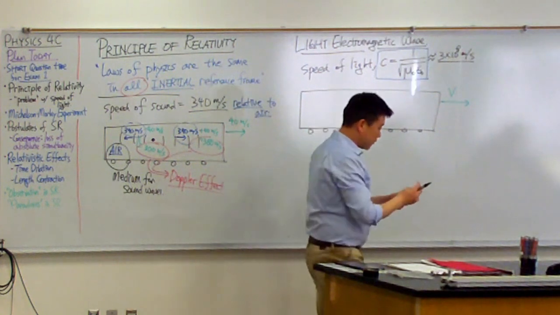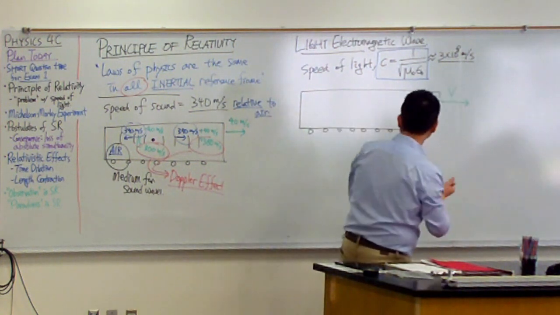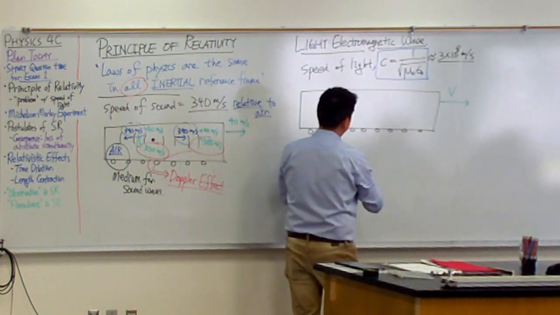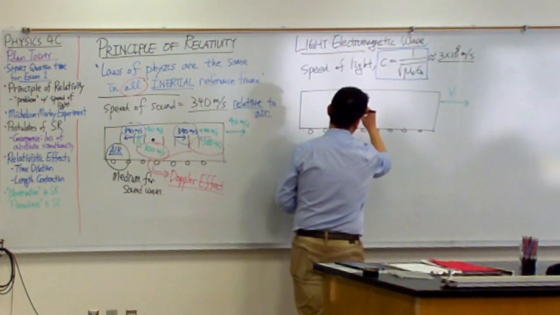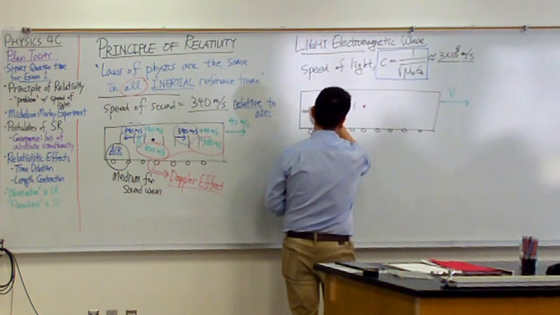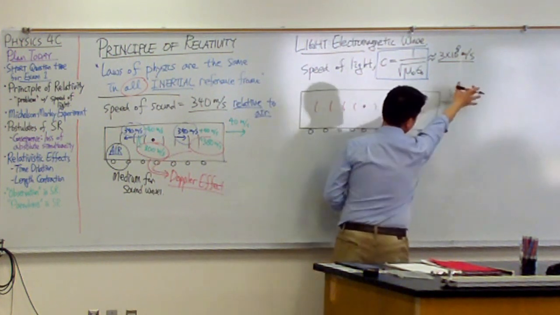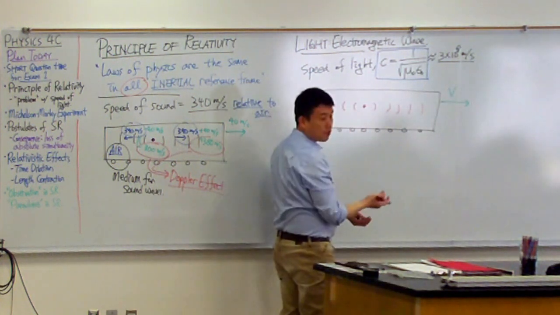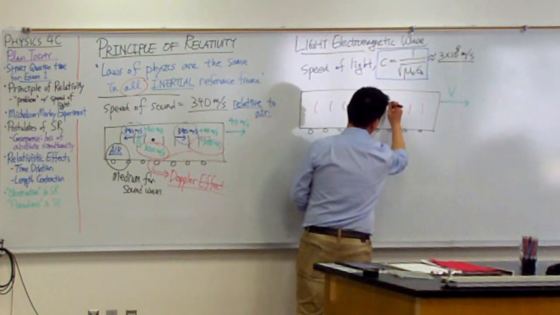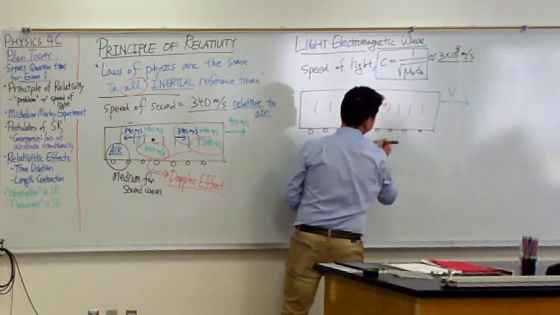And let's say you have a source of light. You have a laser pointer or a lamp, something here that's emitting light waves. And if this v is 0, then you know how fast the light wave's moving. It's moving at speed c.